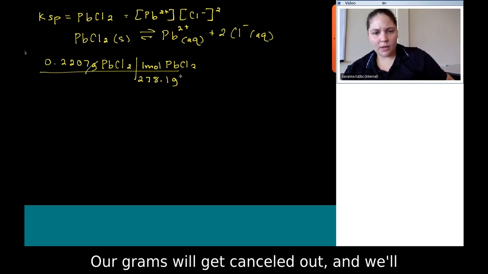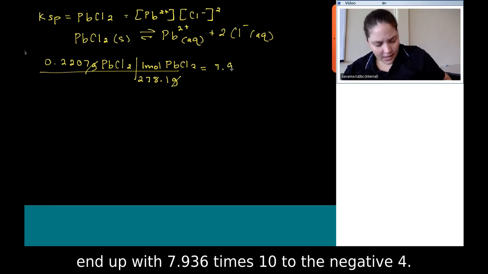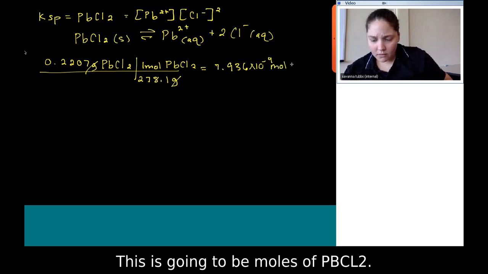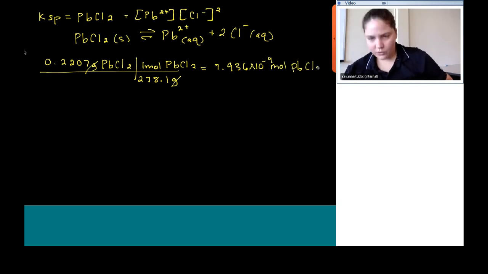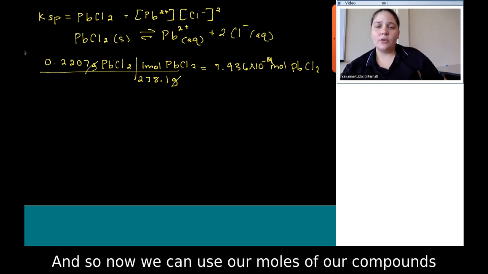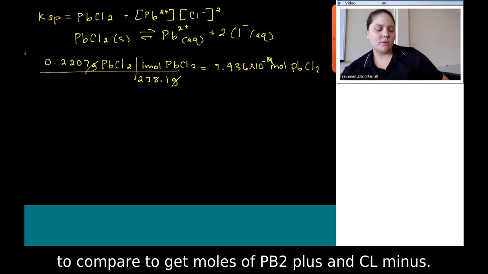Our grams will get canceled out, and we'll end up with 7.936 times 10 to the negative 4. This is going to be moles of PbCl2. And so now we can use our moles of our compound to compare to get moles of Pb2 plus and Cl minus.